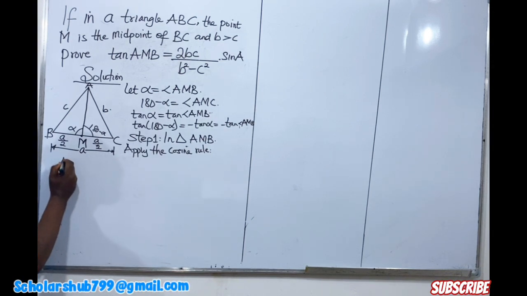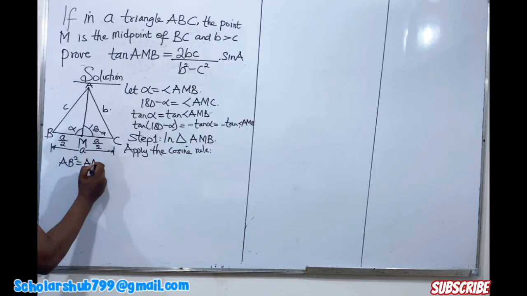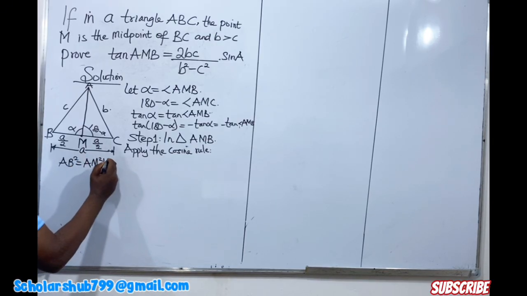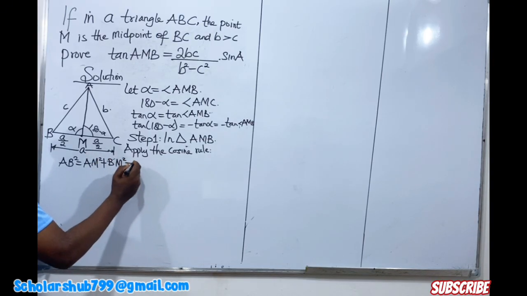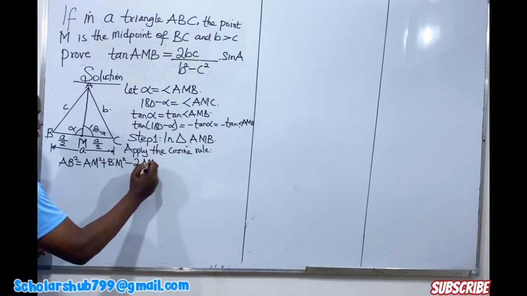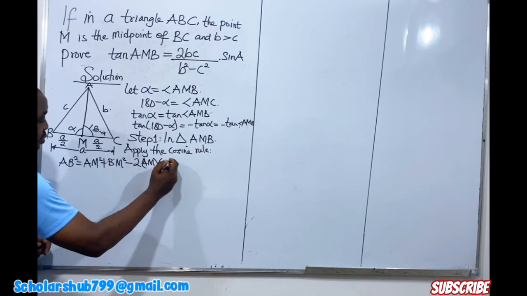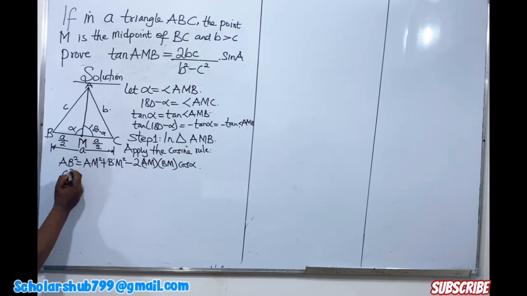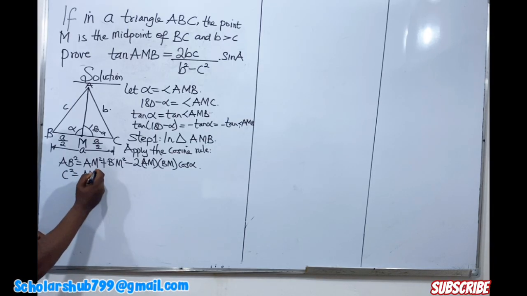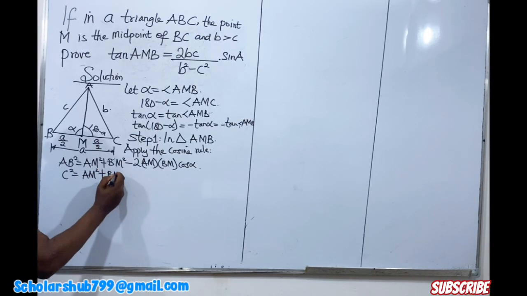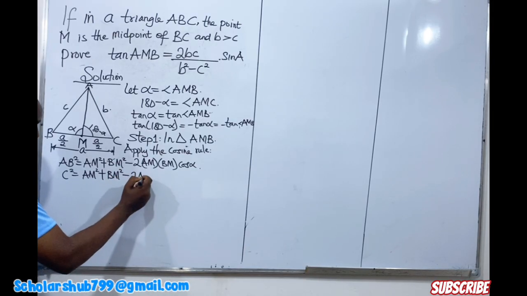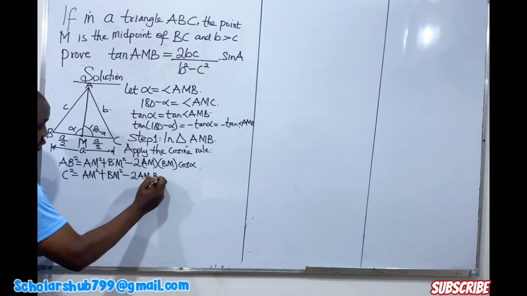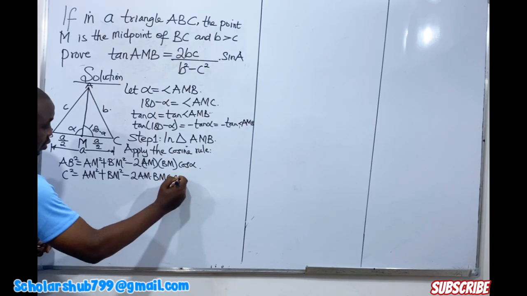So I'm going to write AB² equals AM² plus BM² minus 2AM multiplied by BM, then cos alpha. So this will be c² equals AM² plus BM² minus 2AM multiplied by BM cos alpha.